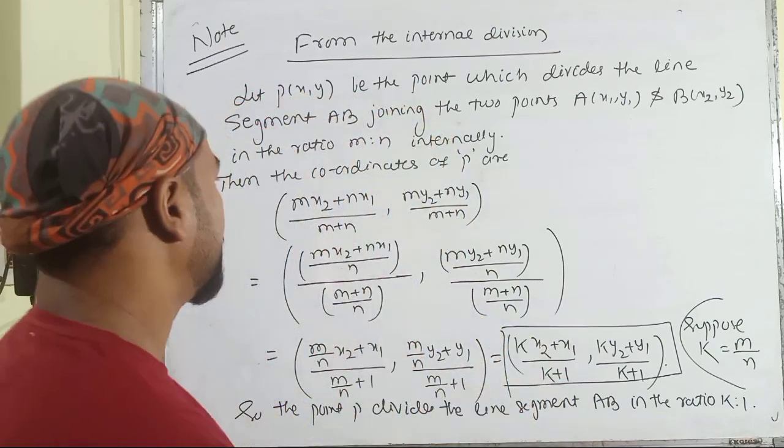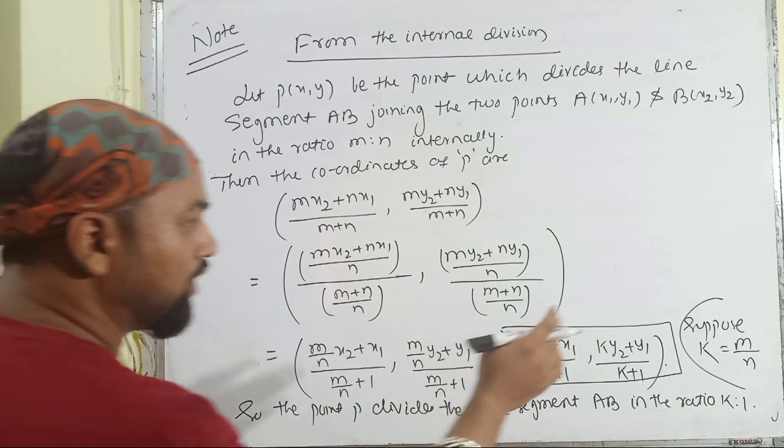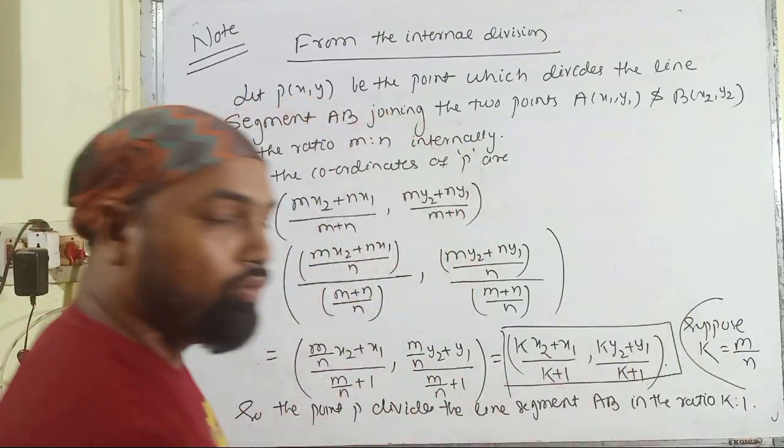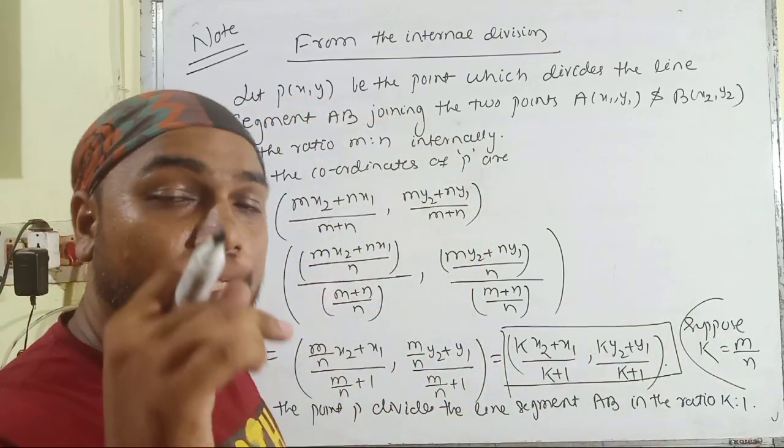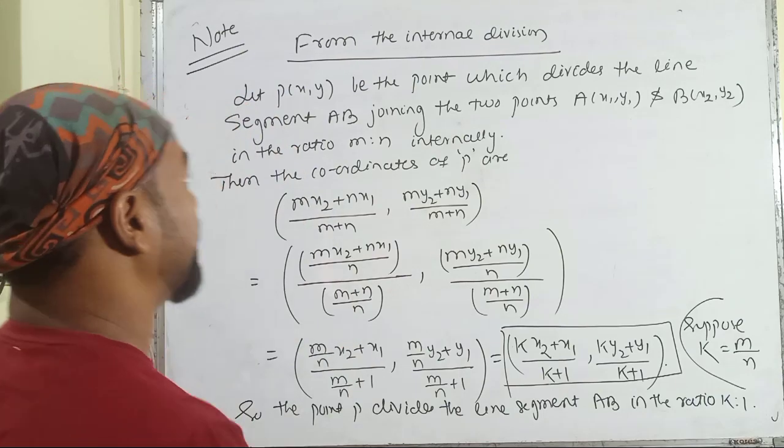If k contains a negative value, then it divides the line segment externally.